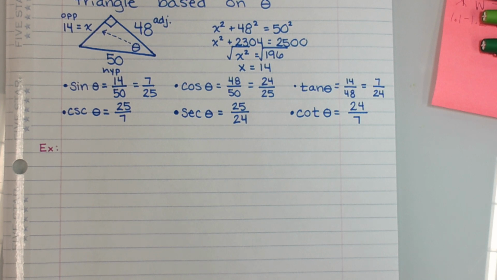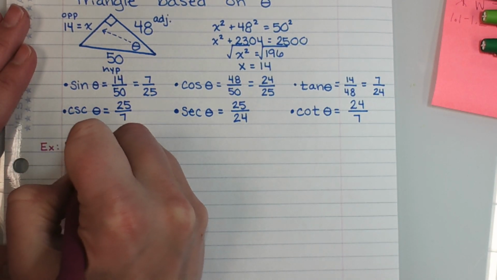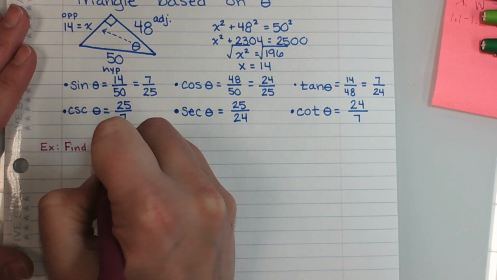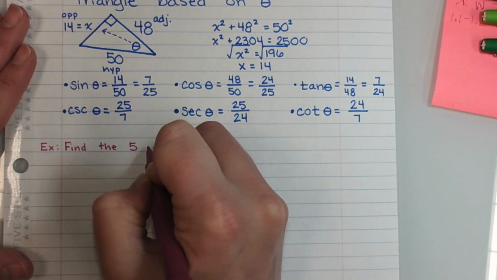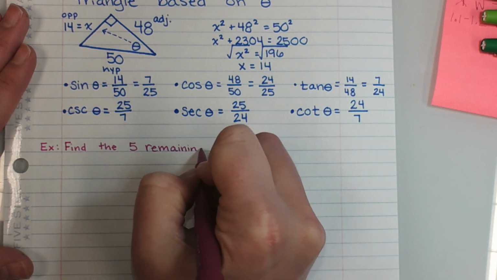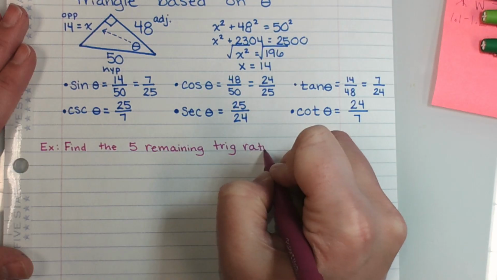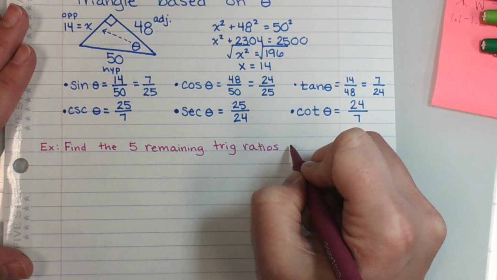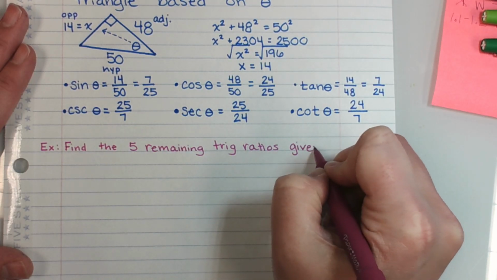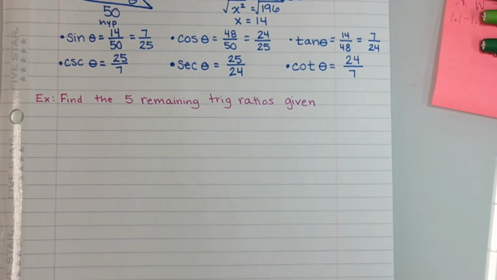Okay, so that's one form of question you're going to be asked. Second form of questions you're going to be asked today is going to look similar but a little different. This one's going to say, find the 5 remaining trig ratios. And then it's going to give you a trig ratio.